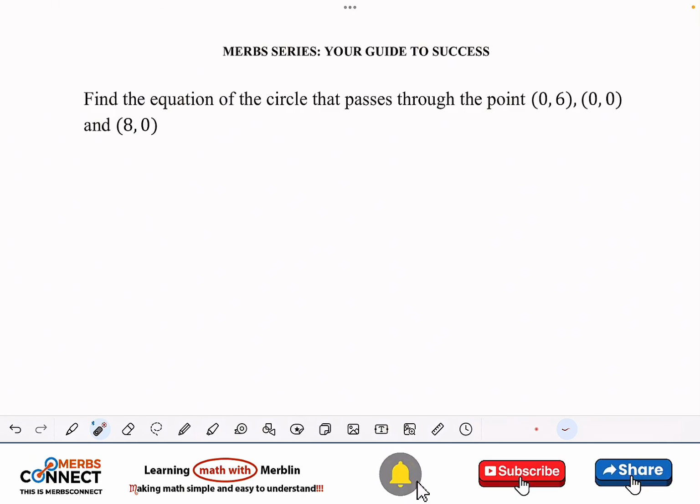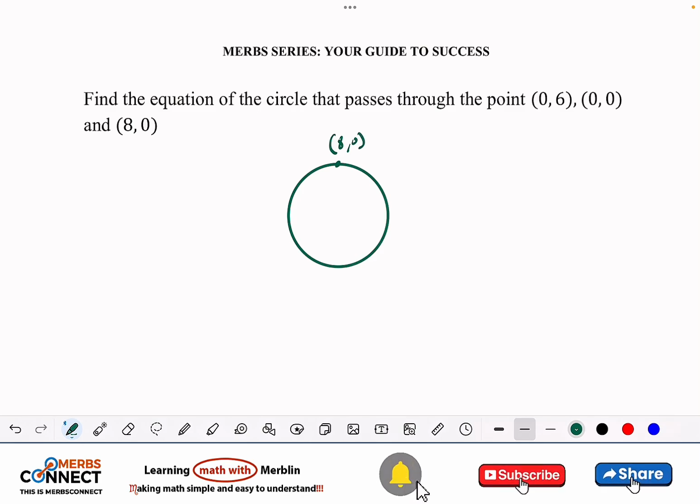So this question here too is going to feature finding the equation of the circle, but here it passes through 3 points, as we learned from the previous video, right? So this is basically what we have here. You have 1 point somewhere here, like 8 and 0, and we have another point somewhere here.